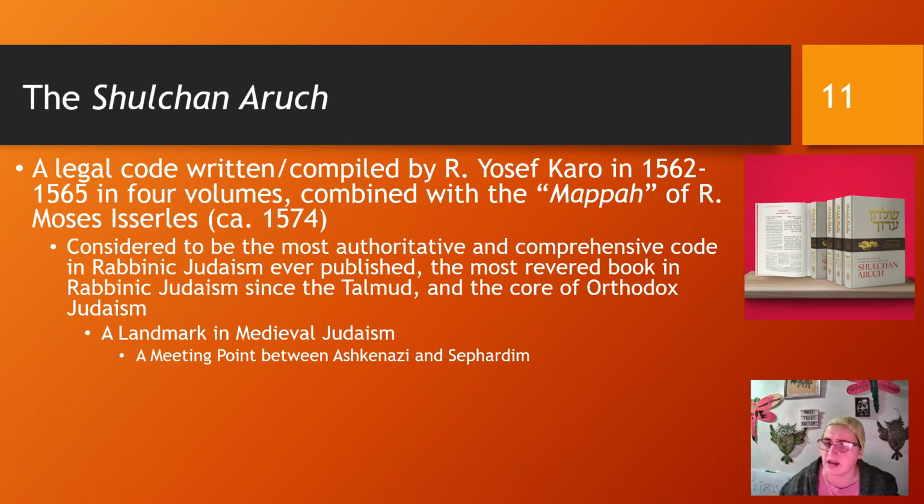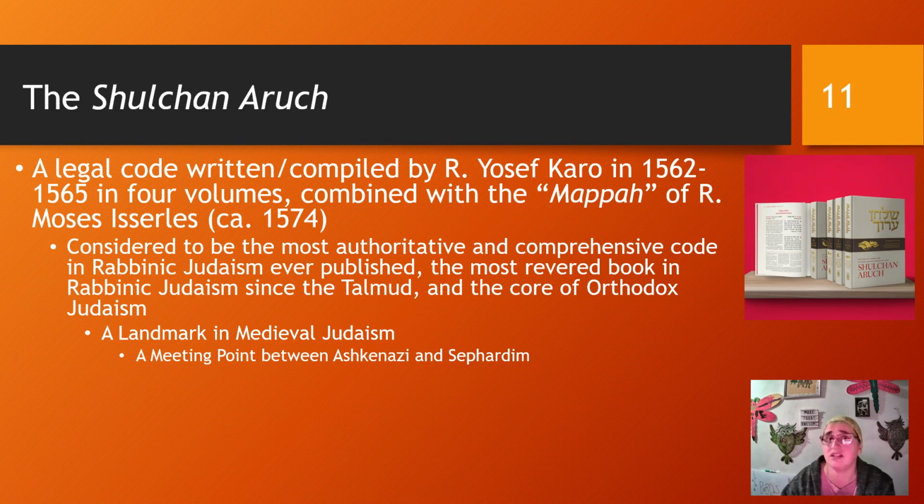And then realized, well, he's coming from the Sephardic tradition, I'm coming from the Ashkenazi tradition, and it becomes published together as Yosef Karo's Shulchan Aruch, the set table, and Isserles's mappa, or tablecloth, for the set table, which is an Ashkenazi commentary to Karo's Sephardic Shulchan Aruch.